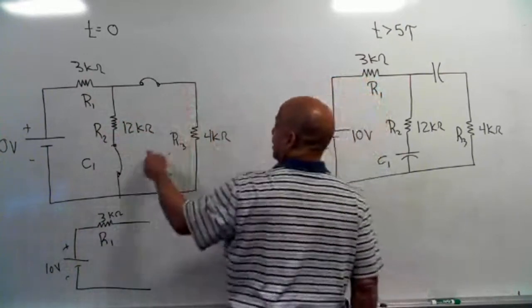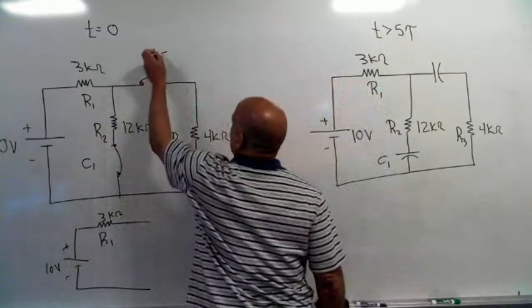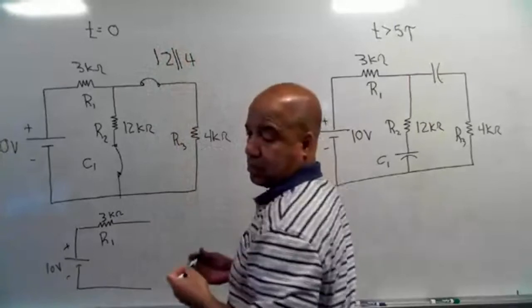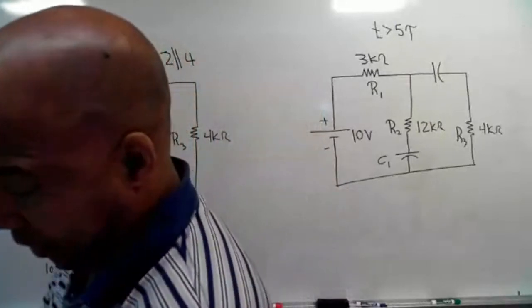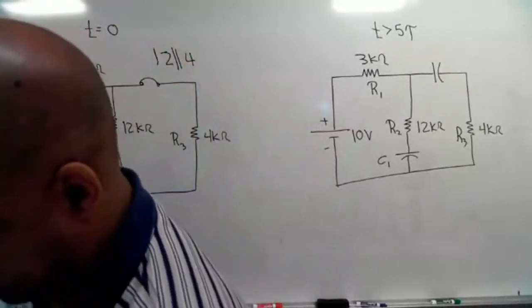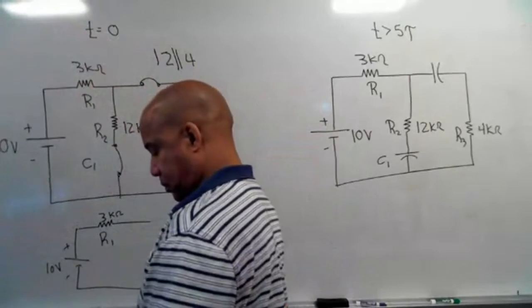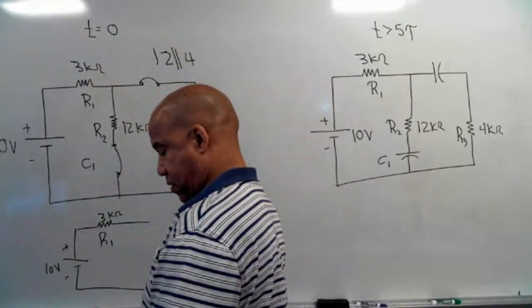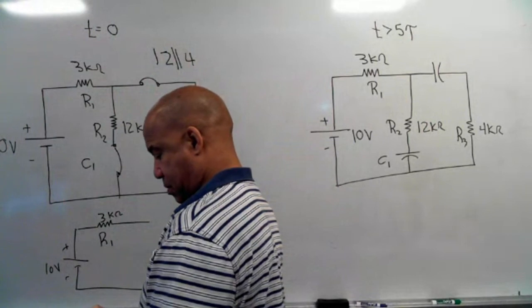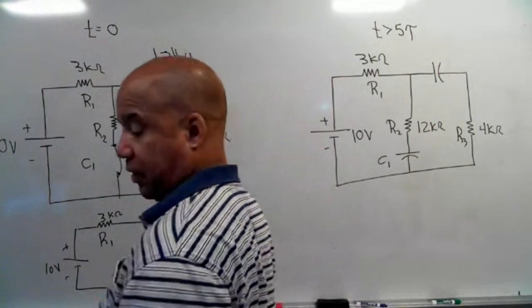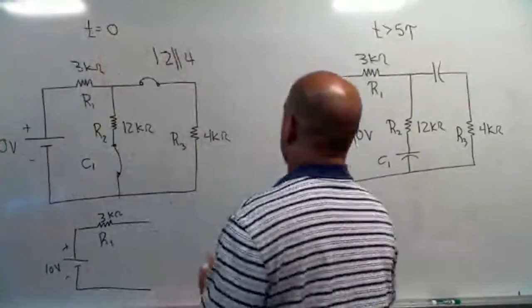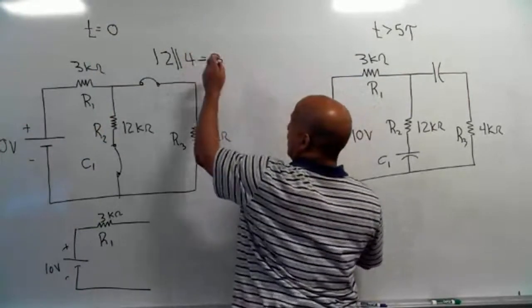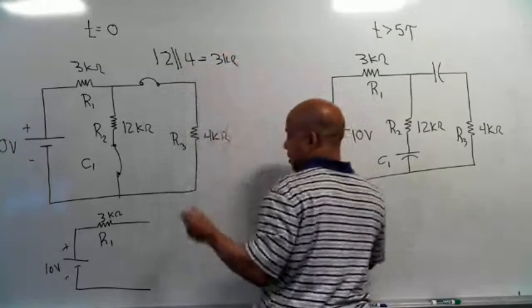Then these two are in parallel, so I've got to do 12 parallel 4. Let me get my calculator: 12, 4, gives me 3. So this equals 3K ohms.